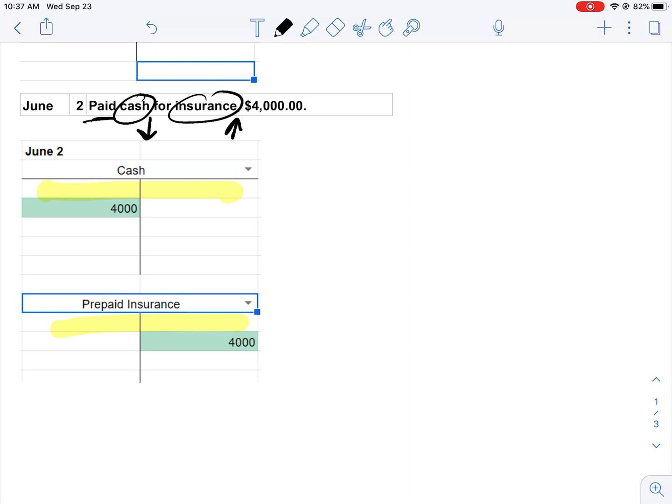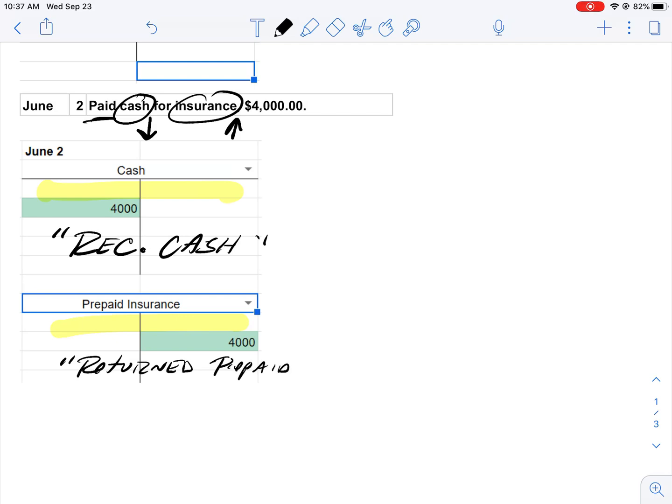So if we take a look at this, and if I read this back to you the way it is on here, this T account is basically saying that we received cash. Okay? And in this side, basically it's saying we pretty much returned, loosely translated, we returned prepaid insurance.